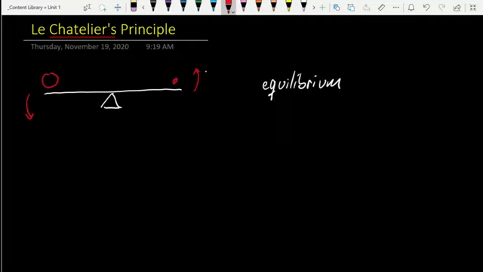There are two ways that we could actually bring the teeter-totter back into equilibrium. We could add more weight to this side, even though they're not quite the same size, but we could add more weight, and that's going to restore equilibrium. Alternatively, what if we changed where the fulcrum was?